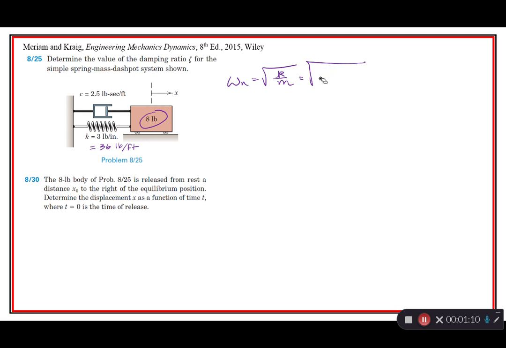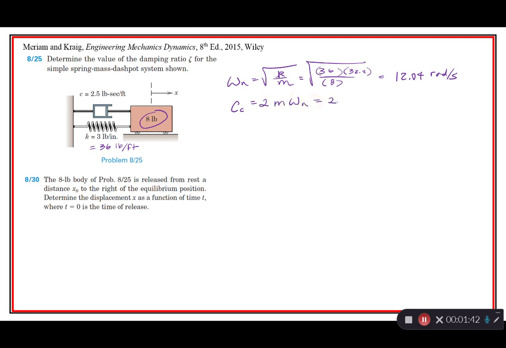So we start with 36 pounds per foot divided by mass, but instead we have weight, so we divide that weight by 32.2, and that comes back up onto the top, and all the units work out. So we get 12.04 radians per second.